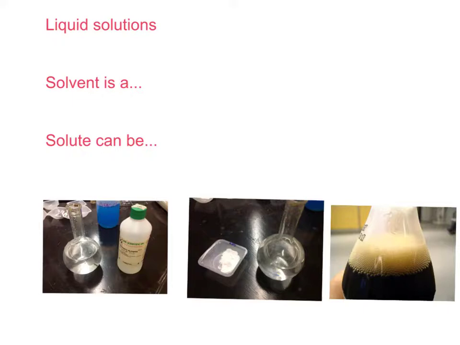So when we discuss the different kinds of solutions we can make, the most common one that we think of is solutions which are liquids. Yes, liquid solutions are what we deal in our everyday life. We drink them, we freeze them, our cells contain them. So in a liquid solution, the solvent is obviously a liquid. And we get water-centric when we talk about solutions, but we know water doesn't have to be the liquid.